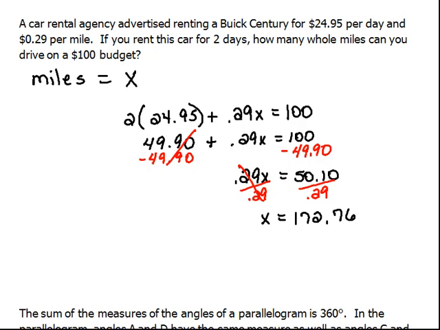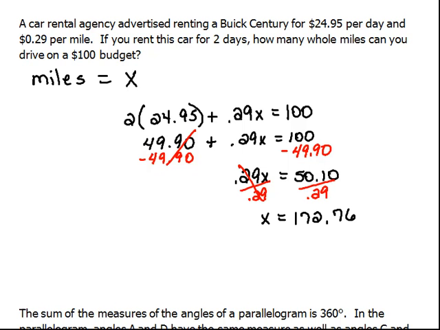And $50.10 divided by 29 cents is going to be 172.76. Now be careful. You can't just say that you're done at this point, because you always need to go back and reread the problem and double check that you're answering what they want you to answer.